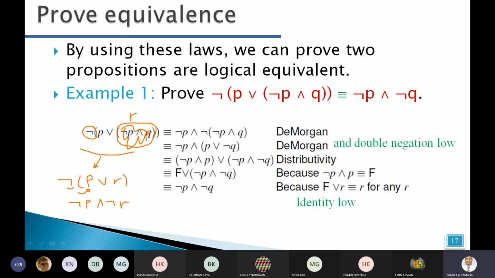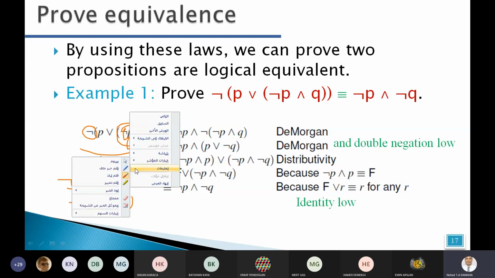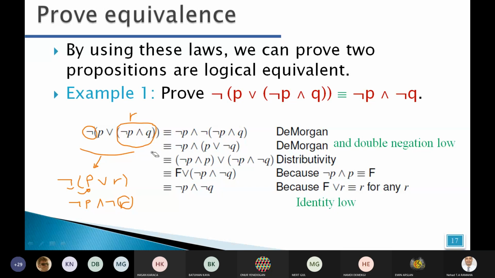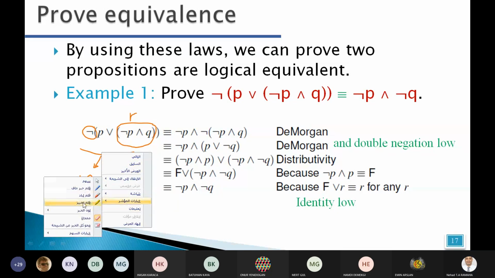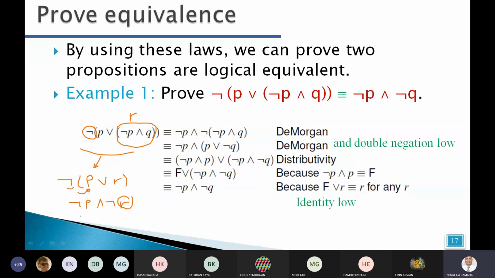So now what is R? R is here. Now we have not P and not R, what is R?